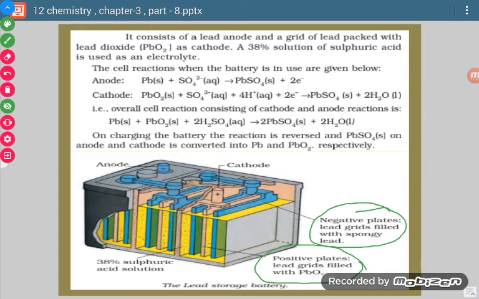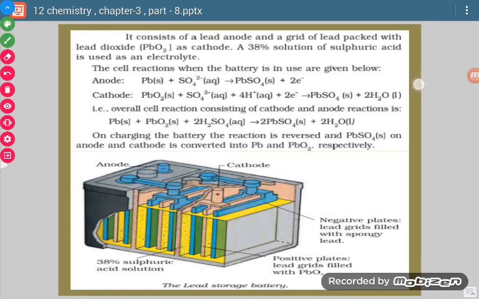Positive plate means they are acting as cathode, and negative plate means they are acting as anode. All anodes are joined together to a particular end, and all cathodes are joined together to a particular end, and those two ends are connected as a source of electrical energy.